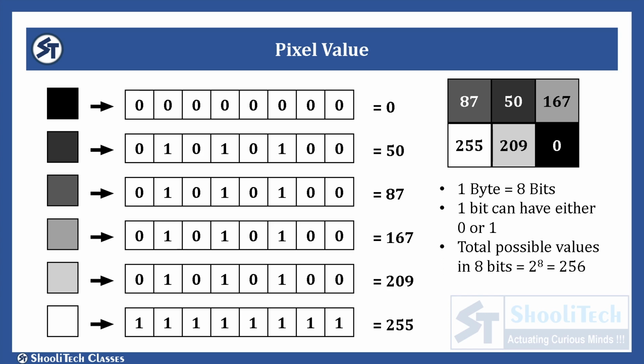So each pixel is a 1 byte code. 1 byte means 8 bits and the value of 1 bit can be either 0 or 1. In this way, there are a total of 2 raised to power 8, meaning 256 possible values, which start from 0 and end at 255. This means each pixel can have a value between 0 and 255, and this value decides the color of the pixel, right?